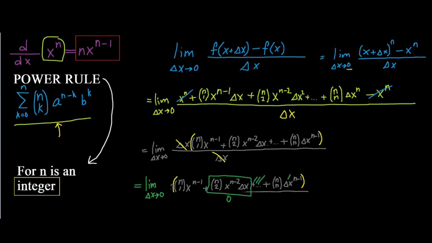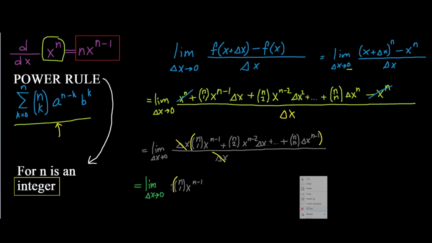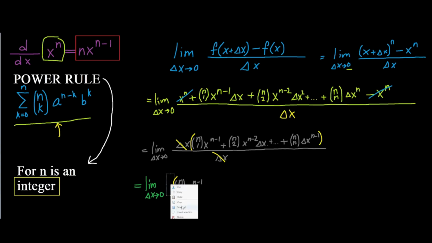So as delta x is approaching 0, all those terms that have a delta x in them are going to approach 0 as well. And what that's going to leave us with is just this very last bit, which is that one delta x that got factored out, and we canceled it. We're just going to be left with it right here.